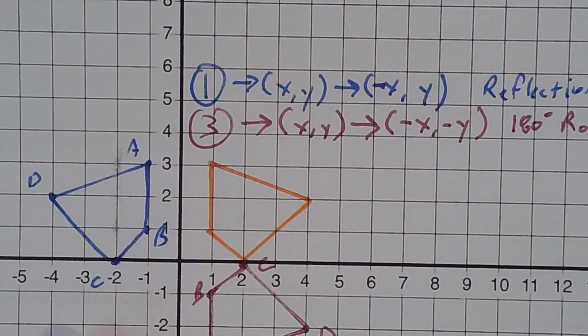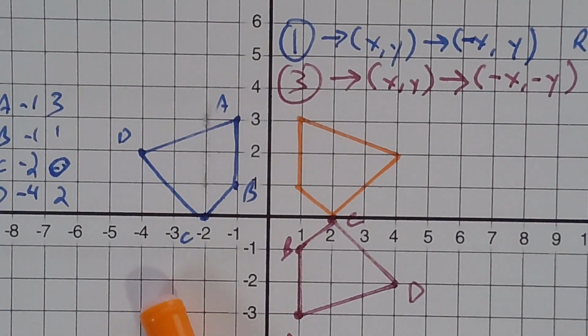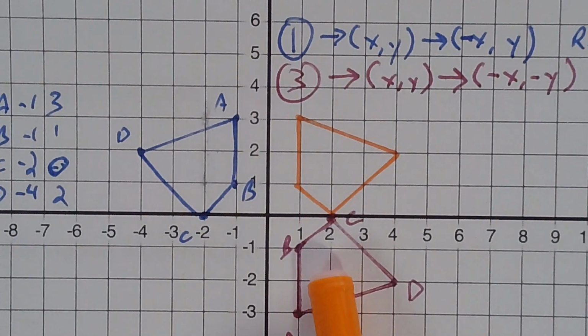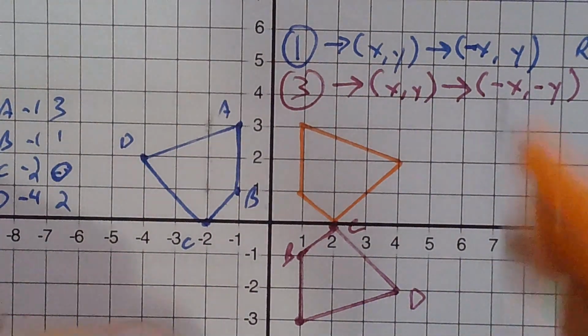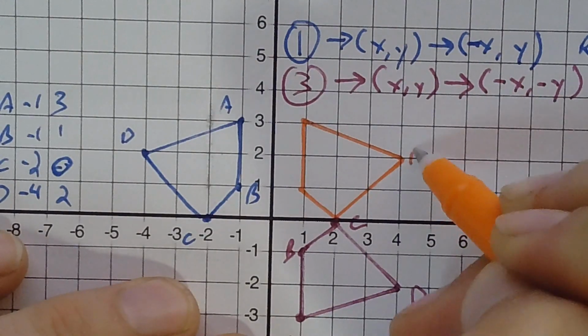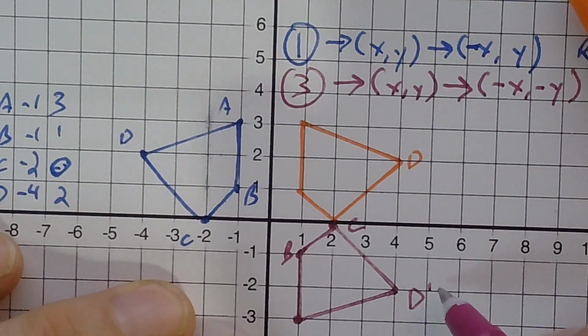And then if we did a reflection across the x-axis, it would end up over here. So let's see if everything lines up right. Okay, so our points, this would be D here. These are primes, by the way. Technically, these are double primes, and these would be primes.